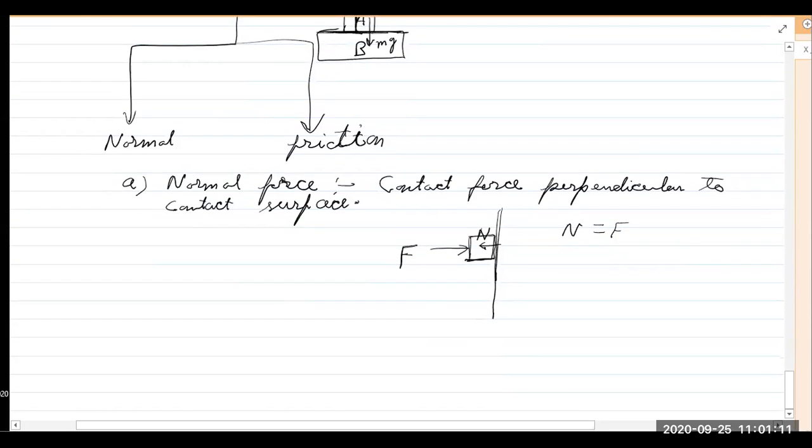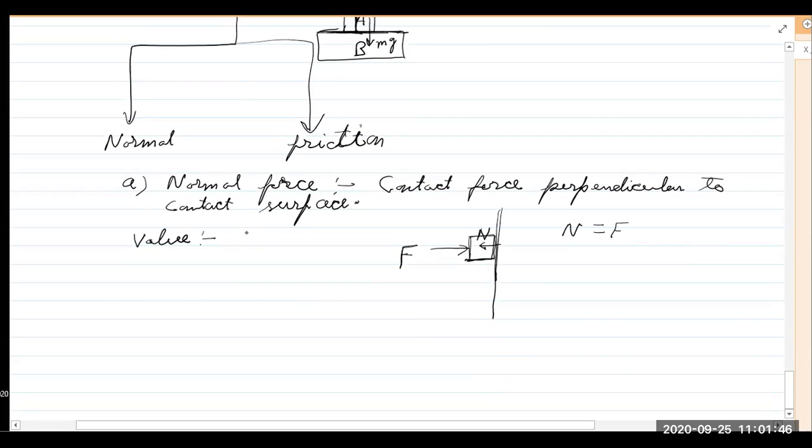If you see the direction of normal force, it is perpendicular to the contact surface. And the value of normal force is dependent on other present forces. So the value is decided by other forces.